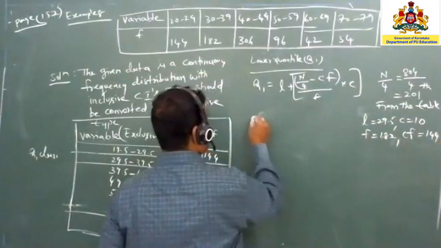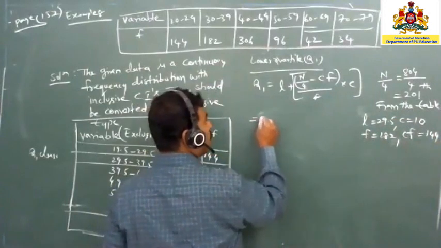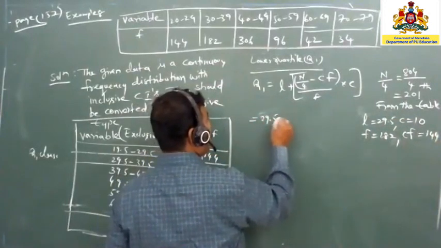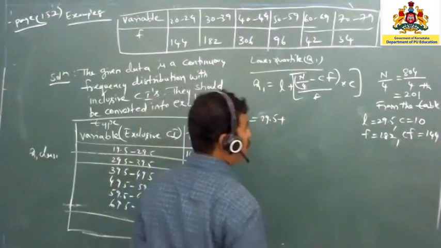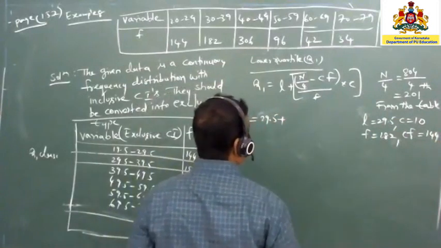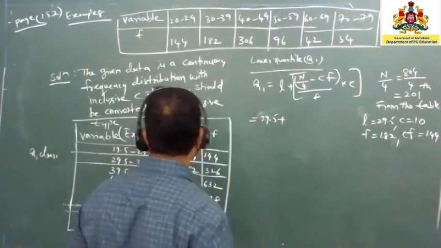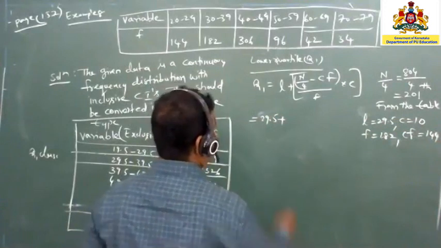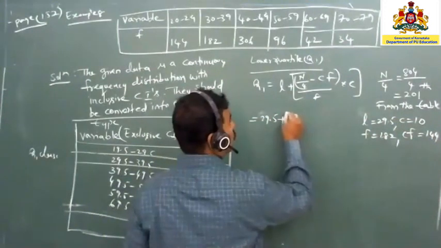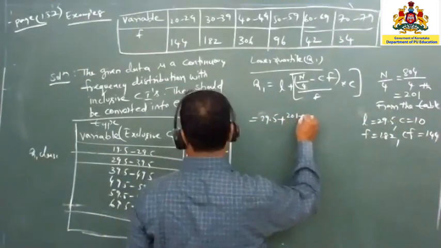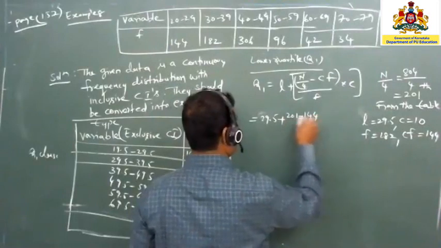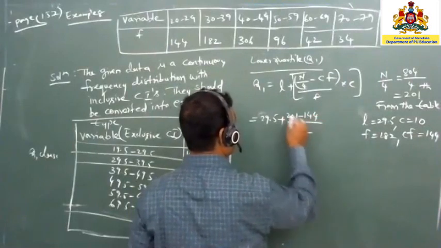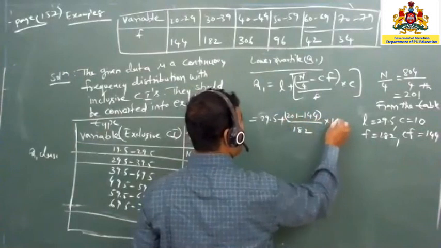Substitute all the values in the formula. L is 29.5 plus (N by 4, which is 201, minus 144) by 182 into 10.